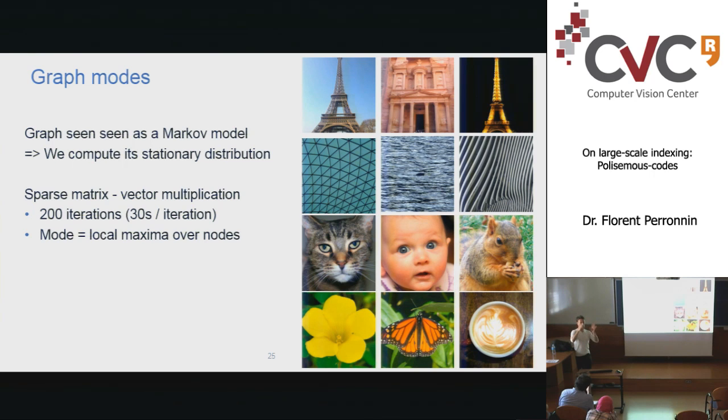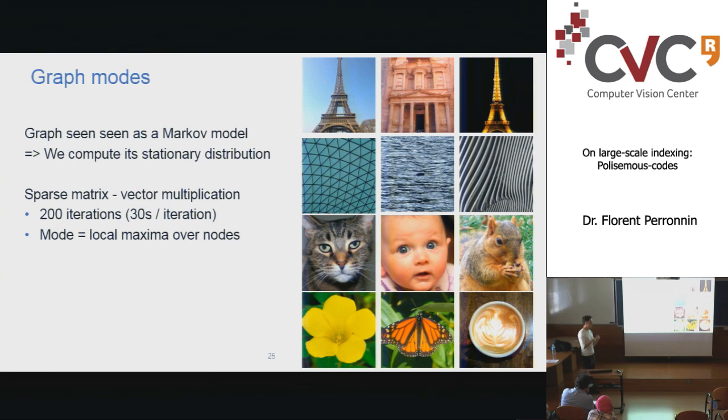Basically, the more a node is connected, the higher the probability that you will end up in this node at some point. And the stationary distribution can be very easily computed as simply the eigenvector corresponding to the highest eigenvalue of your transition matrix, and the highest eigenvalue is 1.